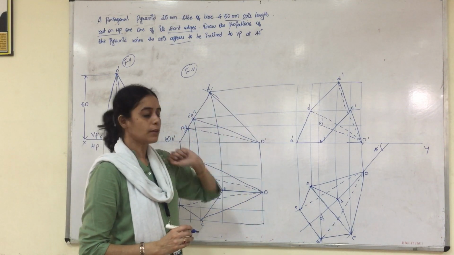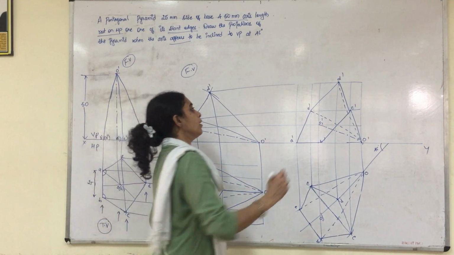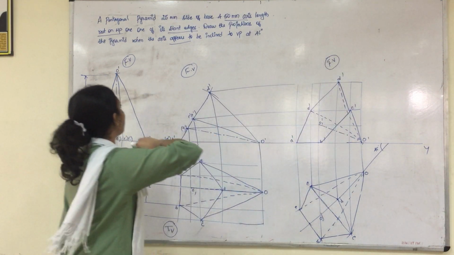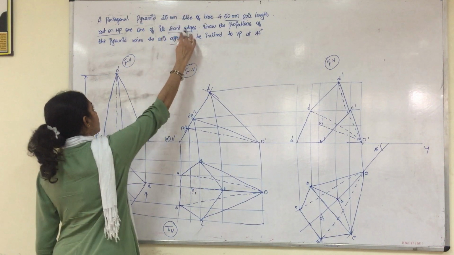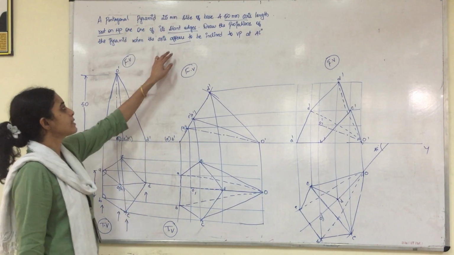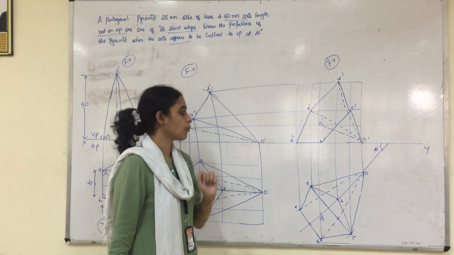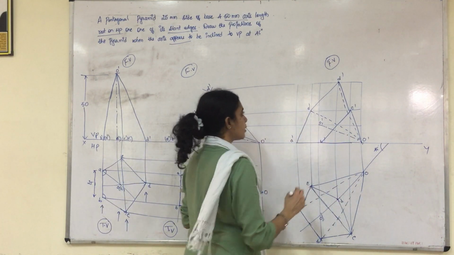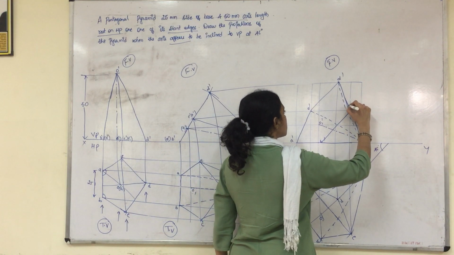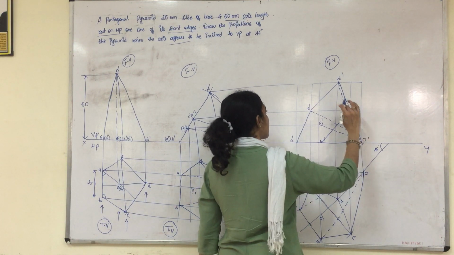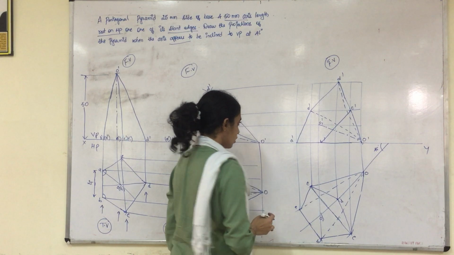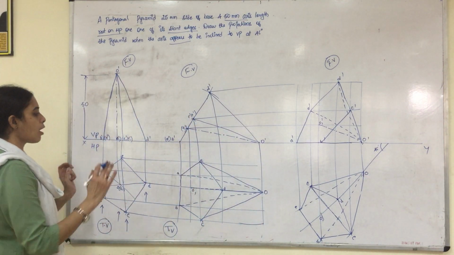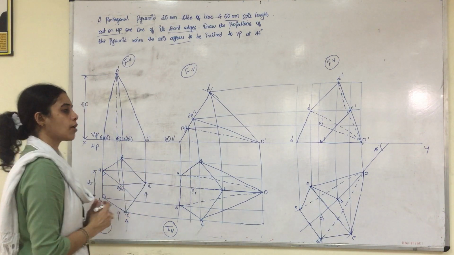So this is how the final stage of the front view looks like when the given pentagonal pyramid is resting on one of its slant edge and the axis appears to be inclined to VP. I have just drawn a rough sketch, not exactly to the measurement. So if you draw with respect to the dimensions using scale, you will get the final view a little better. So this is just to make you understand how it looks.